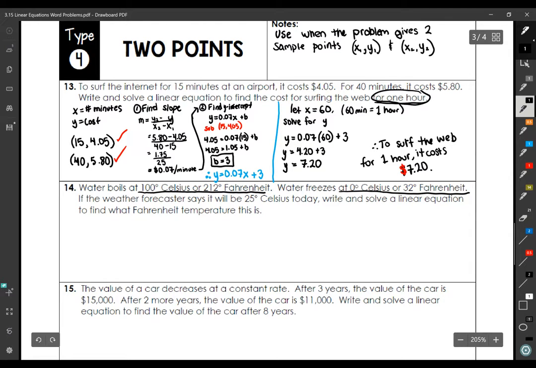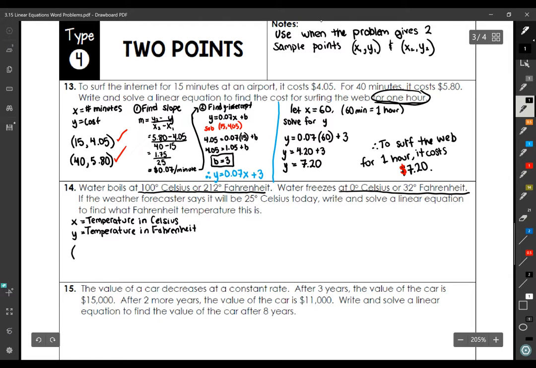In this case, our x is the temperature in Celsius, and y is going to be the temperature in Fahrenheit, because that gives us our two sample sets.